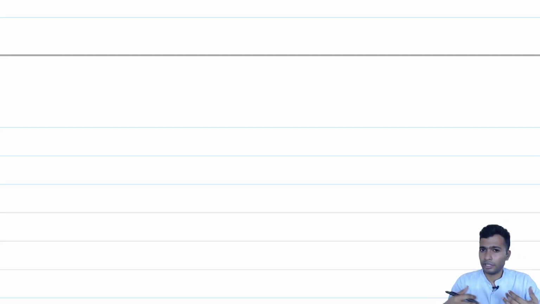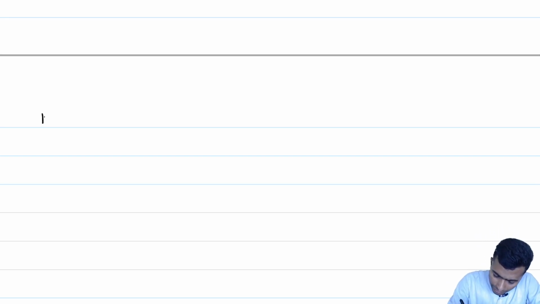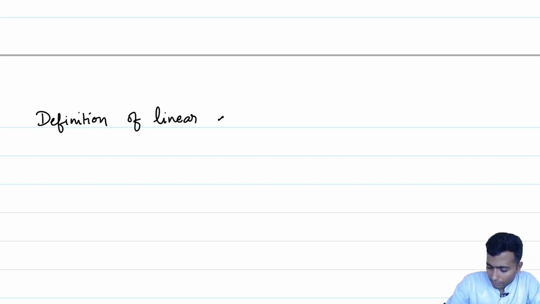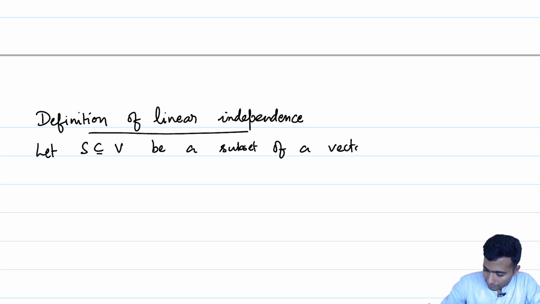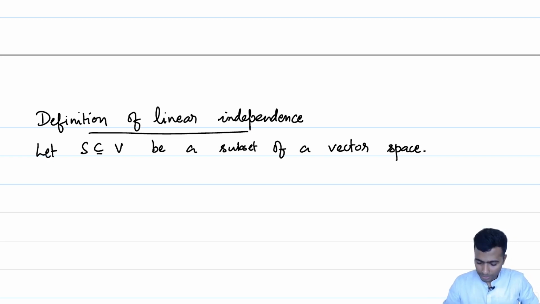Linear independence is just the negation of this concept. Set S is said to be linearly independent if it is not linearly dependent. So, definition of linear independence. Let S contained in V be a subset of a vector space V. Notice that we have not demanded that S be finite, we have not at all demanded that.